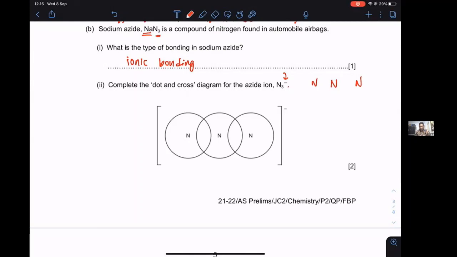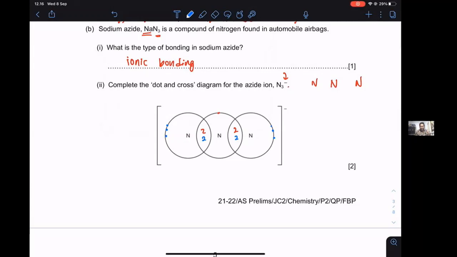If I'm sharing equally 5, how to share equally? Maybe 2 electrons I put over here, 2 electrons over there, and then I have 1 more electron over here. But I need to make sure, if I share 2 electrons, the 2 electrons also must come from the nitrogen on which I'm sharing. Another 2 electrons will come over here. So each of them is supposed to have 3 electrons over here, 3 electrons over here. But now I need to figure out about the charges.